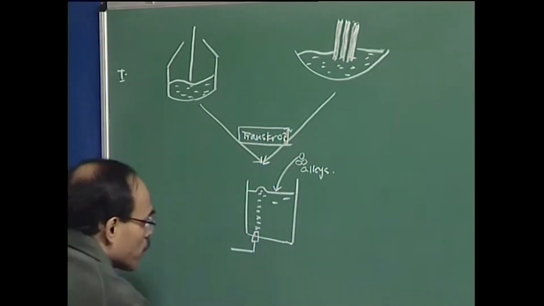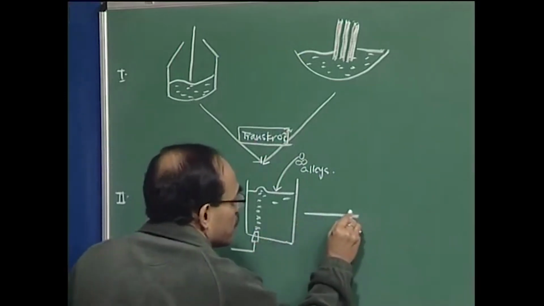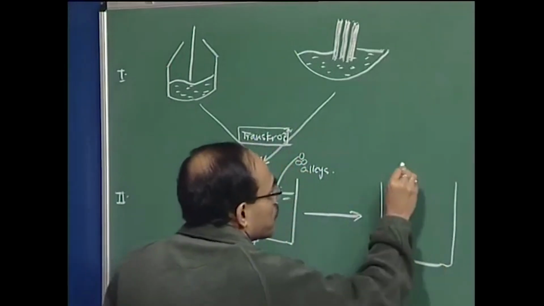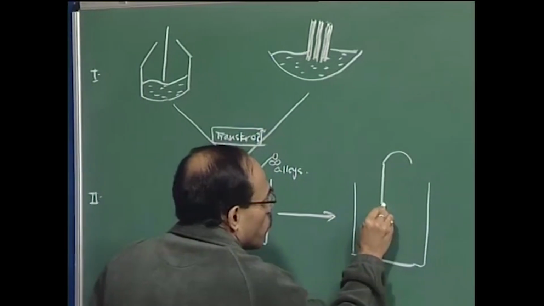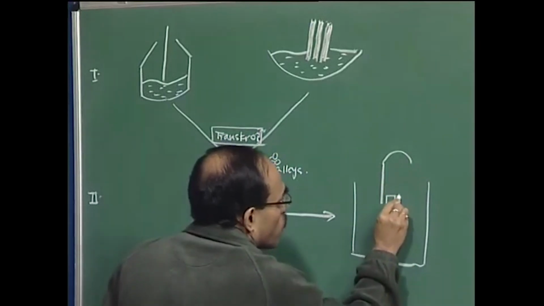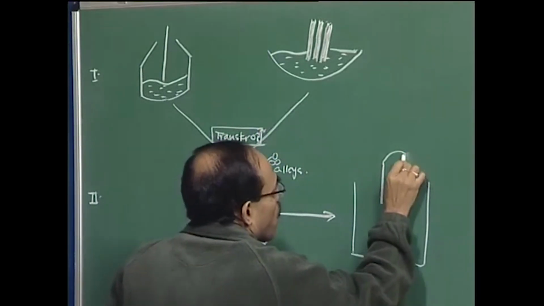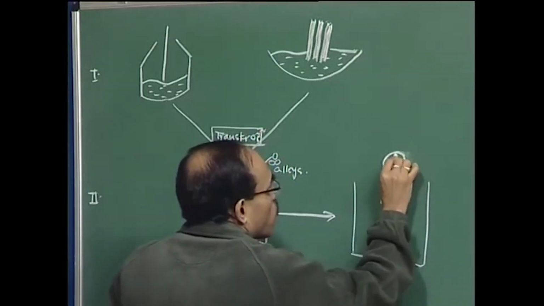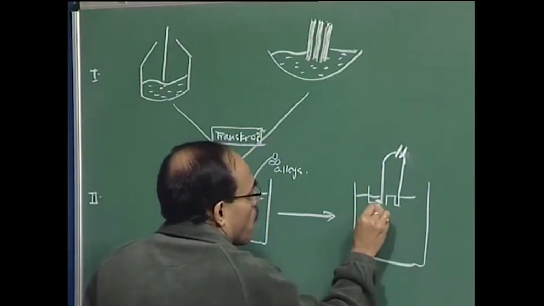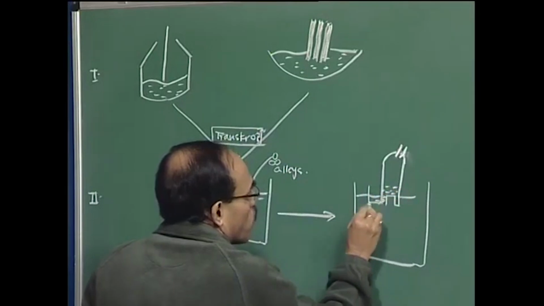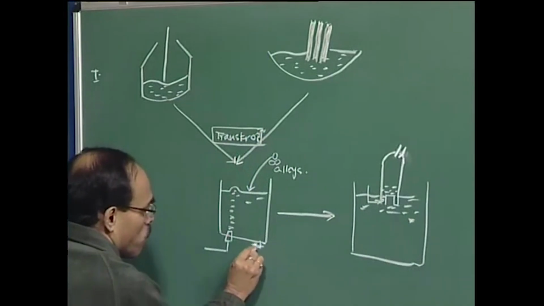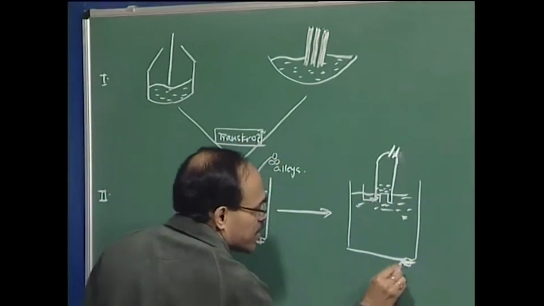Maybe I can show that if it is necessary for the grade of steel to be produced, then we can have slide gates.